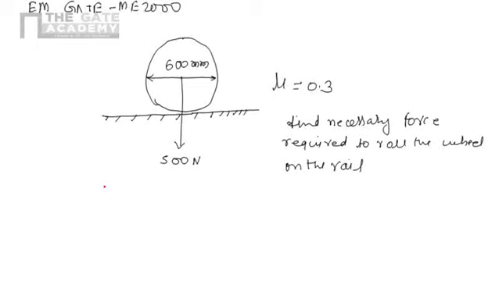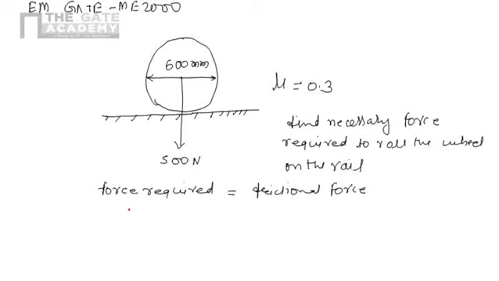So basically the force required should be equal to the frictional force, because we have to overcome the frictional force for rolling the wheel on the rail.